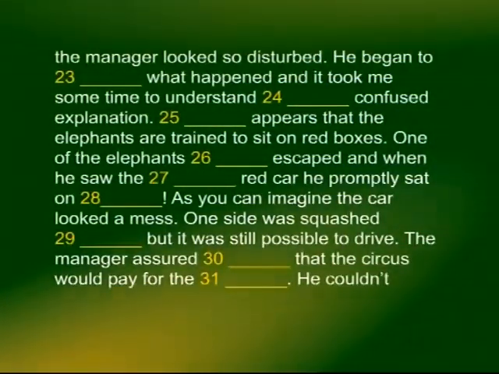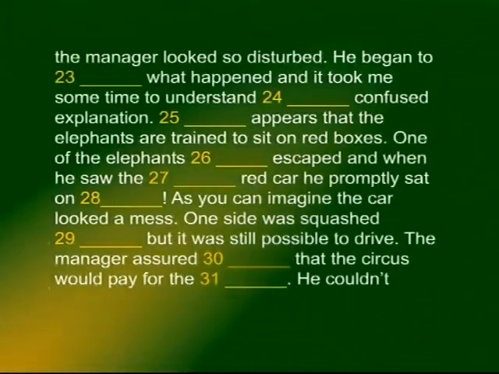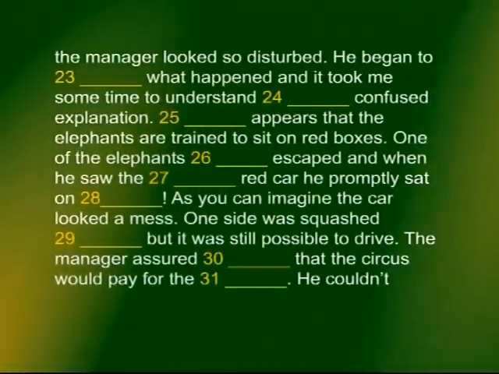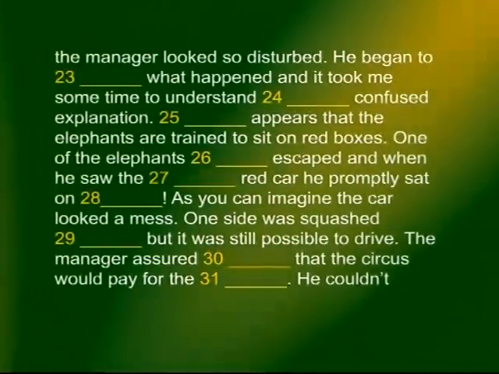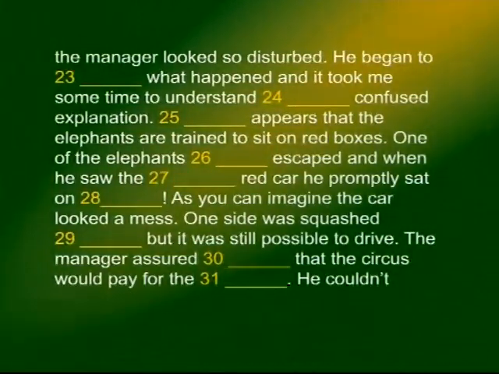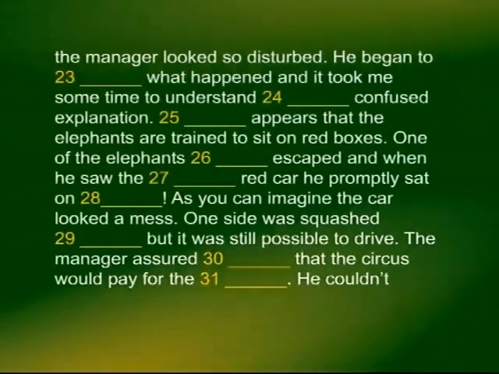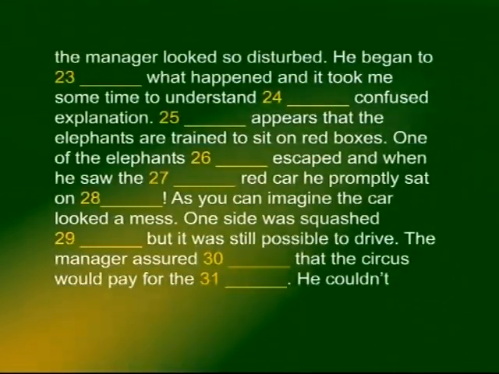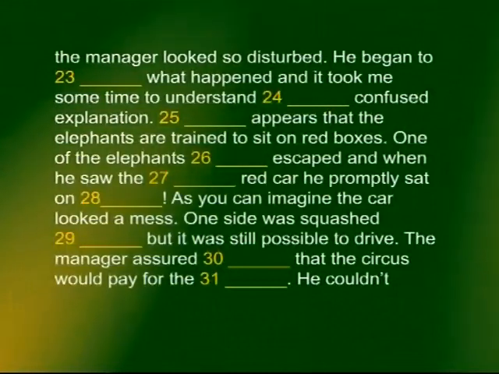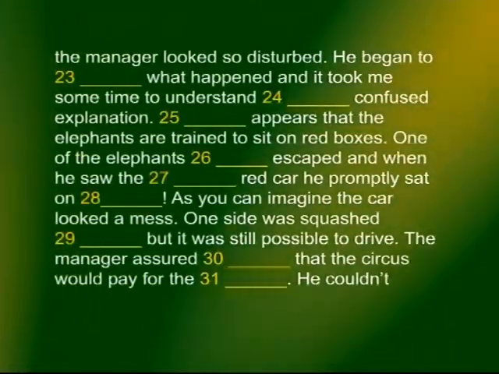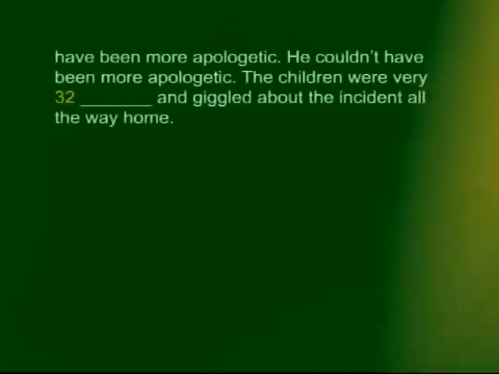Two words, either would be correct, but it was still possible to drive. The manager assured who? Me. This is the lady who's writing the letter. The manager assured me that the circus would pay for the damages. It's the word "damages". He couldn't have been more apologetic.